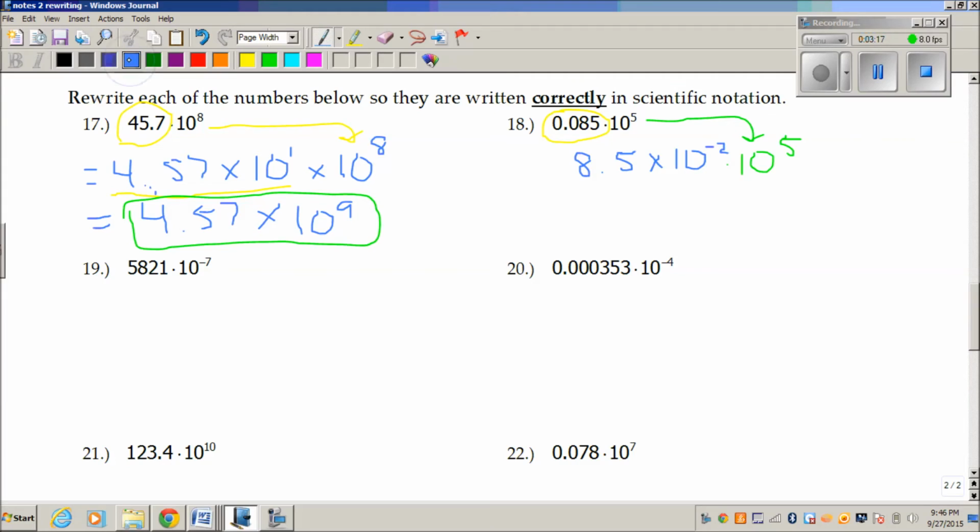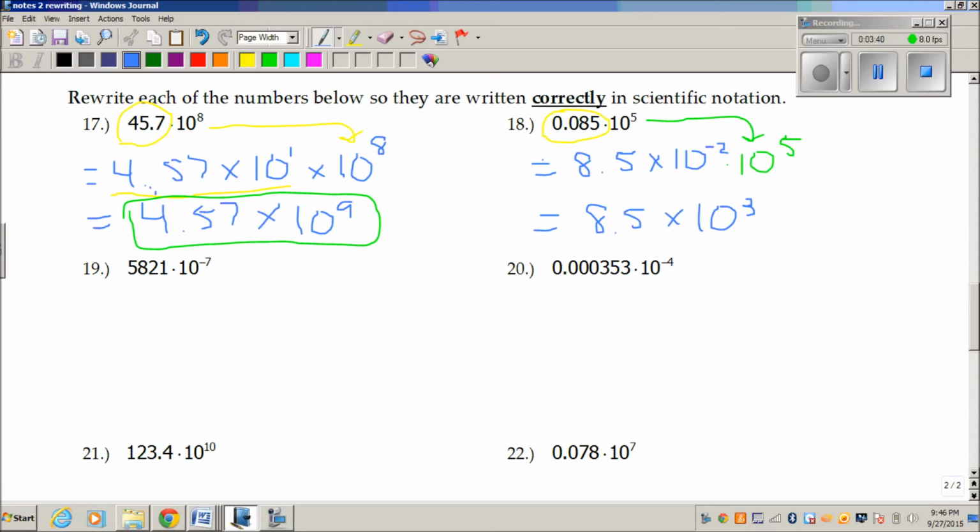So now I can rewrite my whole number by combining the powers of 10. So I have 8.5 times, well, when I multiply like bases, I add the exponents. So 10 raised to the negative 2 plus 5 is 3. So 10 raised to the 3rd power.